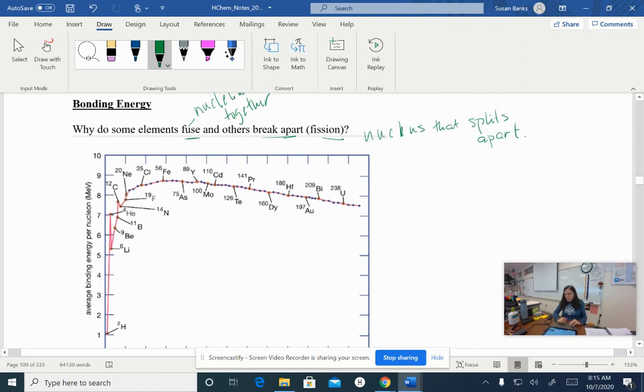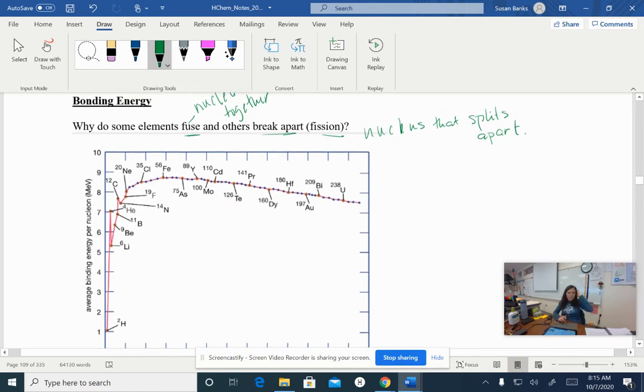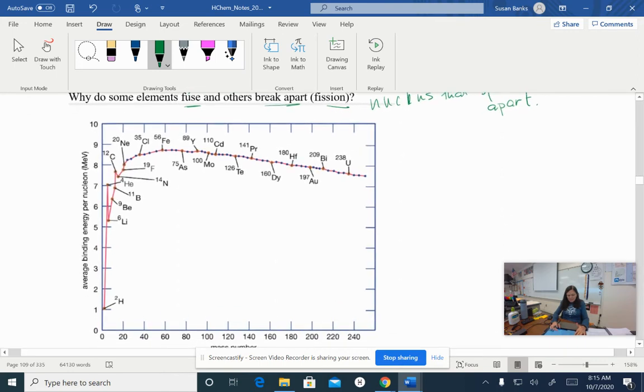Okay, so hopefully you know a little bit about entropy and trying to get to a lower energy level, okay? So we always want to have a reaction that releases energy. Reactions that absorb energy are not favorable. They actually take energy. So this is what we call a binding energy graph.